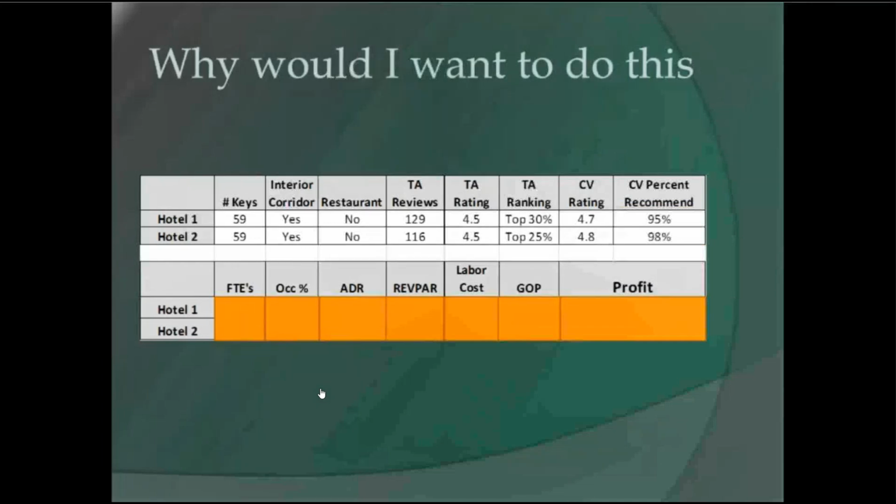One's 95% recommended, one's 98% recommended. In terms of employees, one has 11 full-time employees, one has 12. One's running 67% occupancy, the other's running basically 66. One's got an $88 ADR, the other's got an $84 ADR. There's their RevPAR. They're about $3,000 to $4,000 apart in revenue. So these two hotels, for all intents and purposes, are pretty much identical.